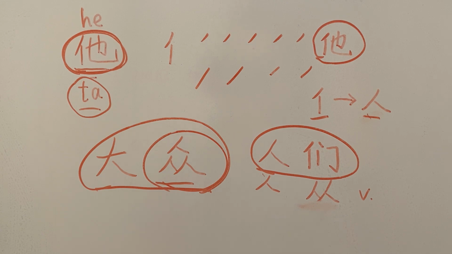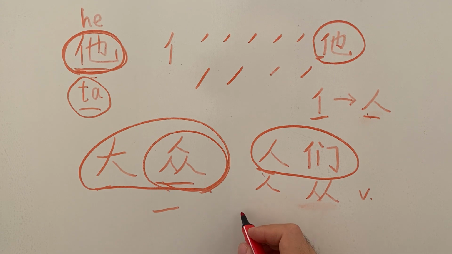So you can see if you write Chinese, there are some different strokes, right? Some are longer and horizontal.